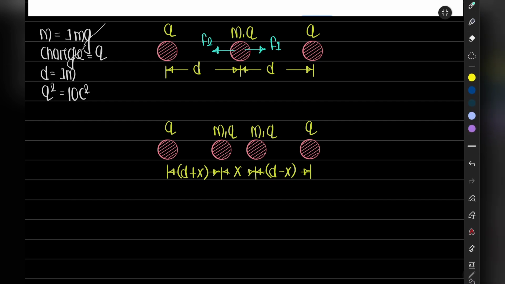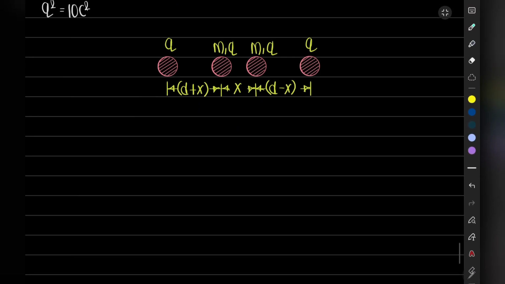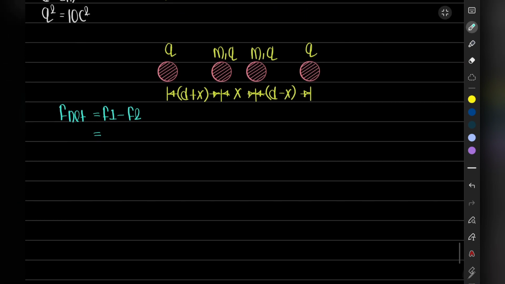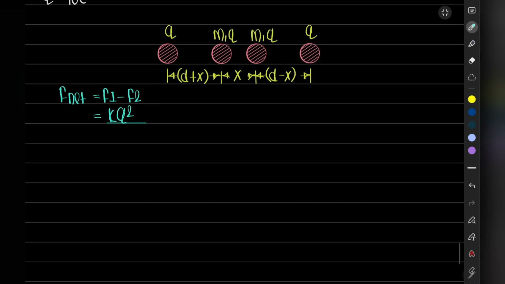So let's try to find the value of the force. The value of force we have F net, which will be equal to F1 minus F2. The value of F1 will be K, charges are the same, q square by distance, which will be d plus x. So K q square upon (d plus x) square minus K q square upon (d minus x) square.